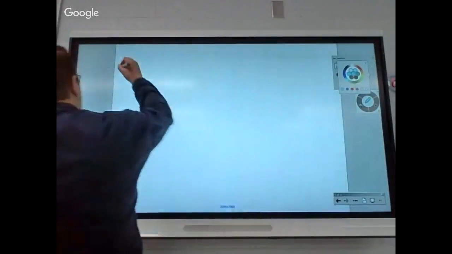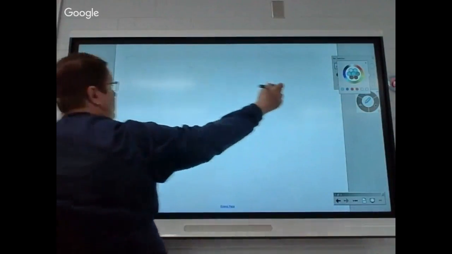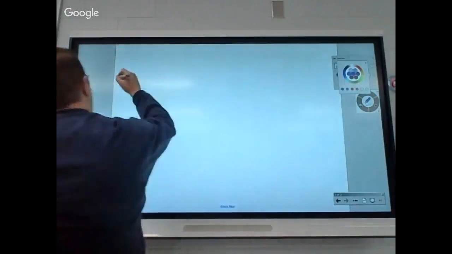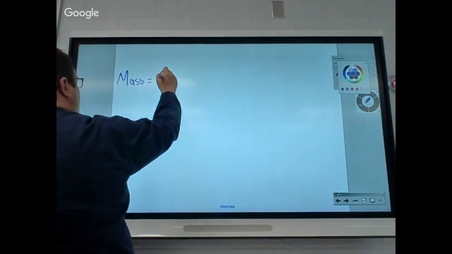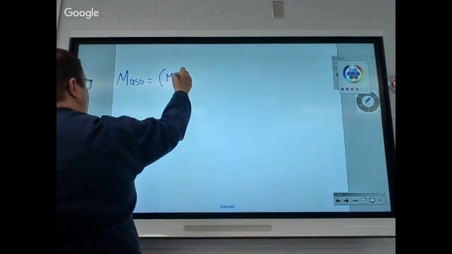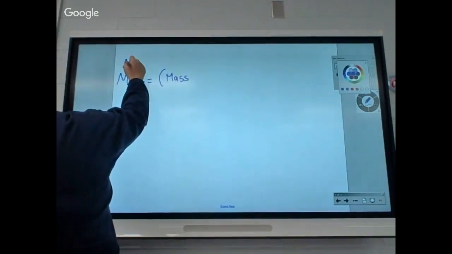All right? So how are we going to calculate this? Let me change colors so it's a little lighter.